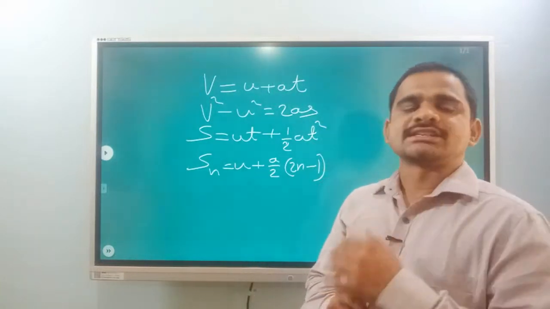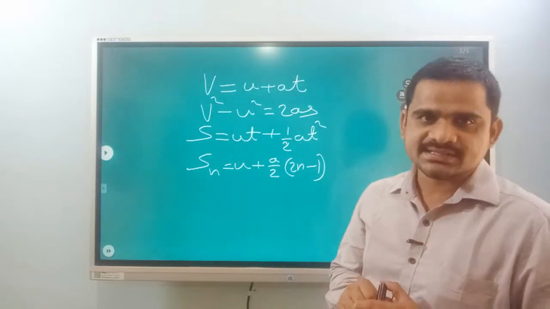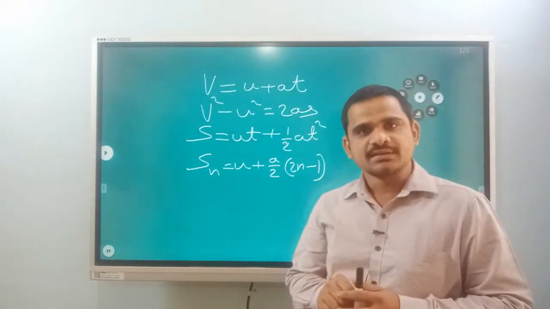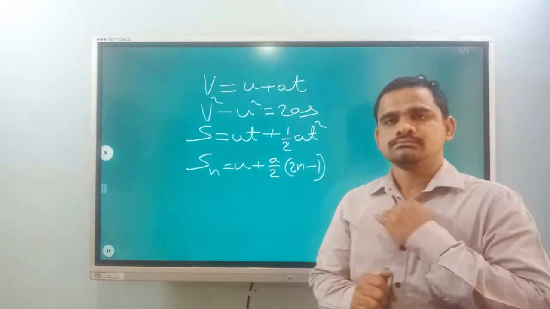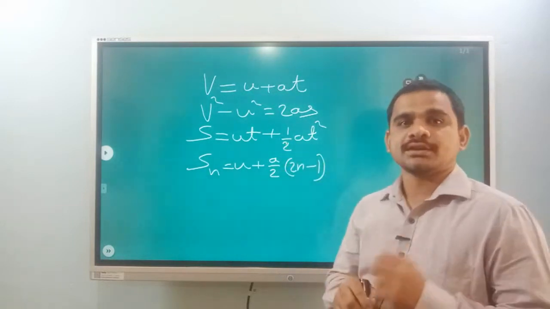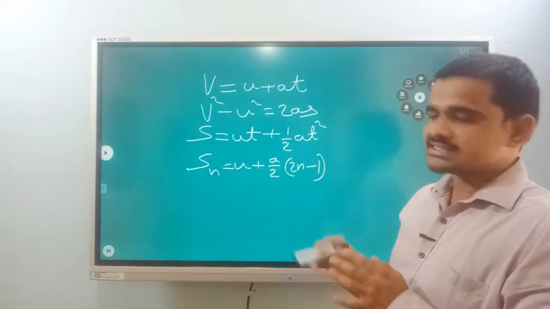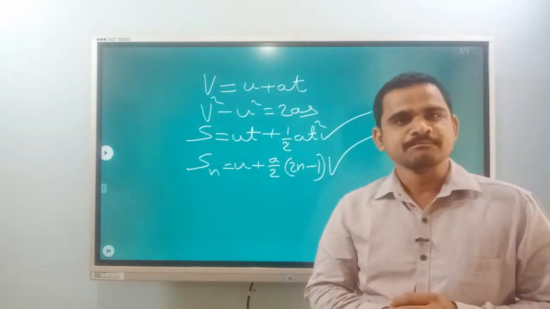The expressions are V is equal to U plus AT, V square minus U square is equal to 2AS, S is equal to UT plus half of AT square, Sn is equal to U plus A by 2 into 2n minus 1. Here we have to identify when we have to use which expression.